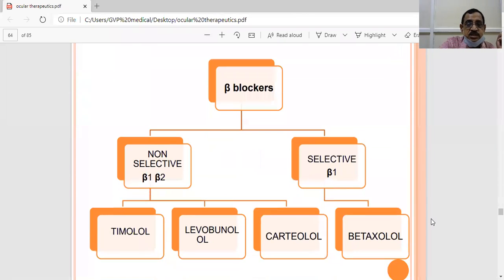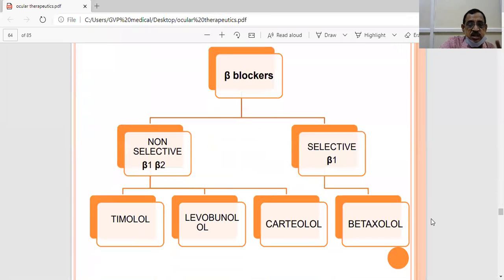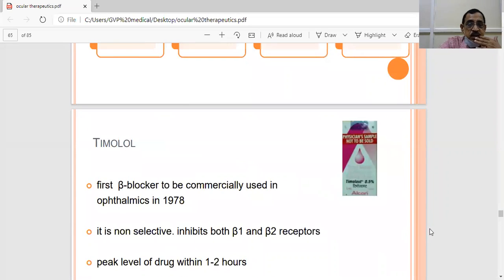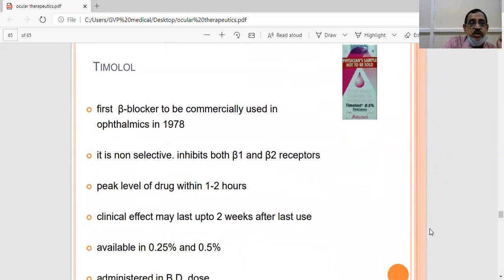Beta blockers can be non-selective or selective. Non-selective beta blockers are timolol, levobunolol, and carteolol, while the selective beta blocker is betaxolol. Timolol maleate was the first beta blocker to be commercially available, in 1978. It is non-selective, inhibiting both beta-1 and beta-2 receptors. Peak level of the drug is seen in about 1 to 2 hours. Clinically, the effect may last for about 2 weeks after the last use.